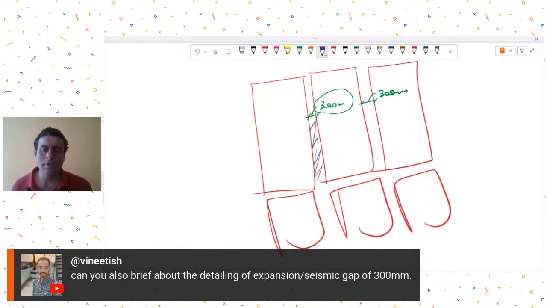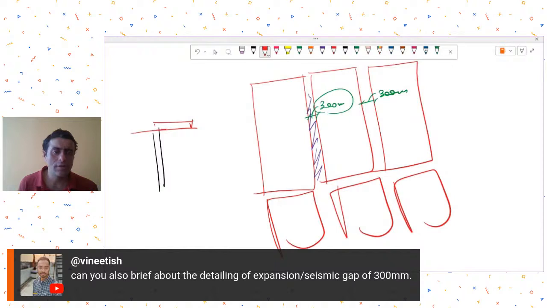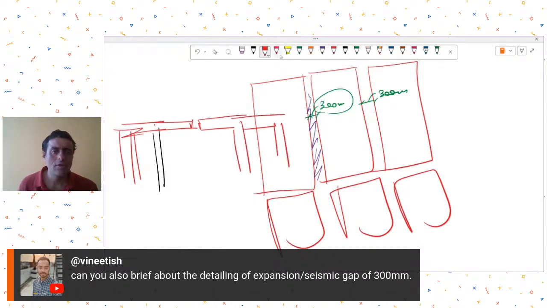You cannot be expected to put some fillers over such a large width. What I have seen them do is that in slabs they will just leave the gap. Let's say this was a column, I'm showing you the sectional view, and this is my slab and column, and this is the gap that you want to maintain. Now this 300 you cannot be expected to close with some filler. So I may provide an edge angle over here and cover it up with a checkered plate.